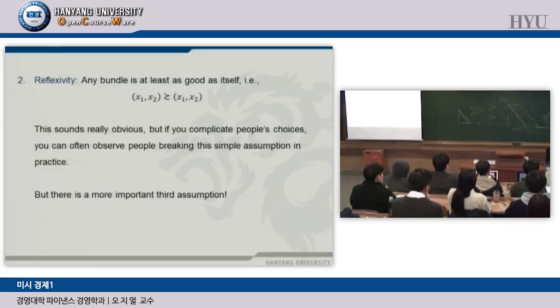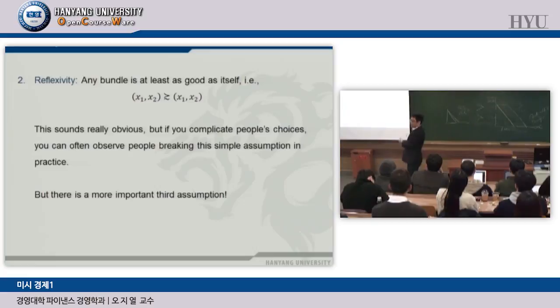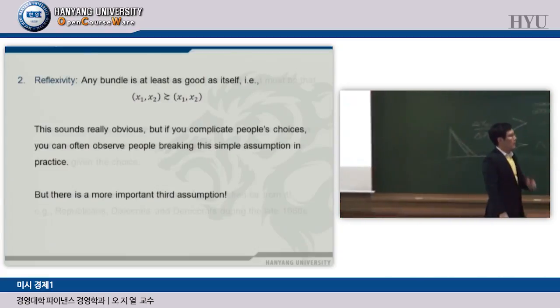Even though the same bundle should be as good as itself. Sounds really obvious, but if you complicate people's choices, if you word it differently, if you frame it differently, this reflexivity breaks down very easily.